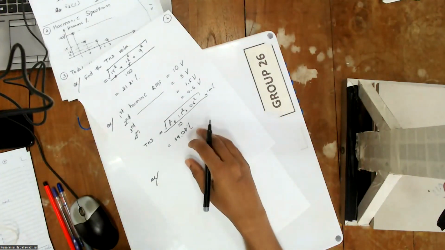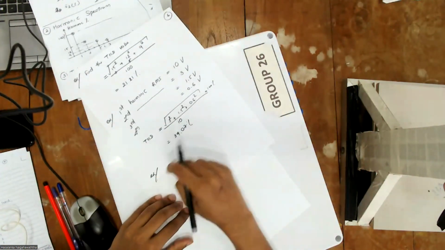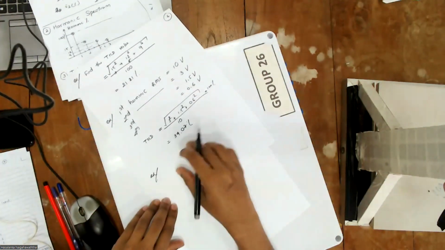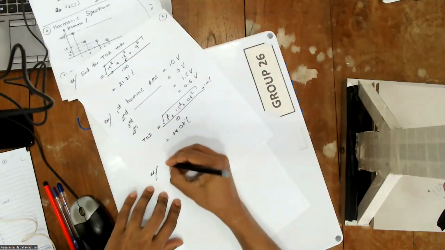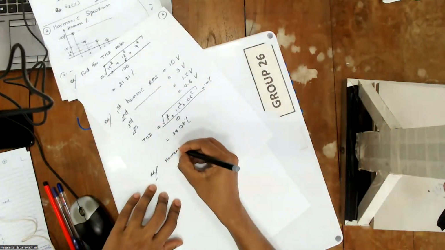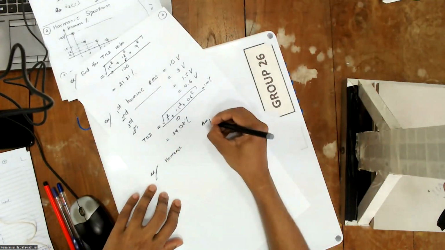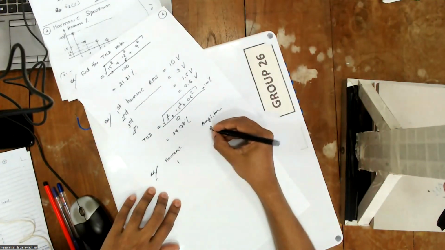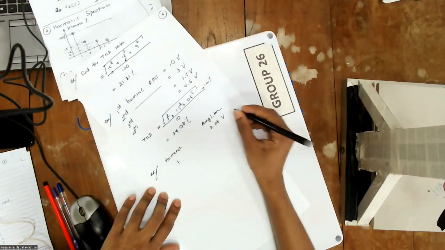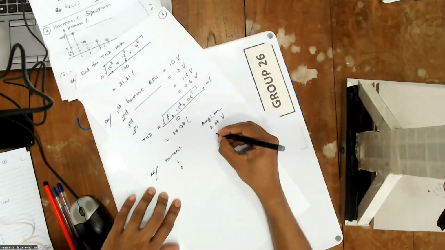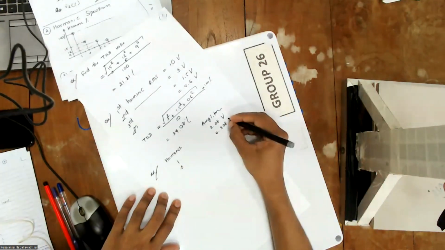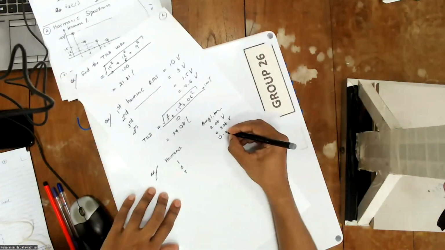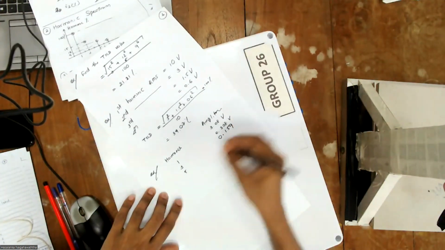Okay, another example. The amplitude of a distorted sine wave is listed. Harmonic and amplitude. The first harmonic amplitude is 3.08 volt. The third harmonic 0.308 volt, and fifth harmonic 0.159.